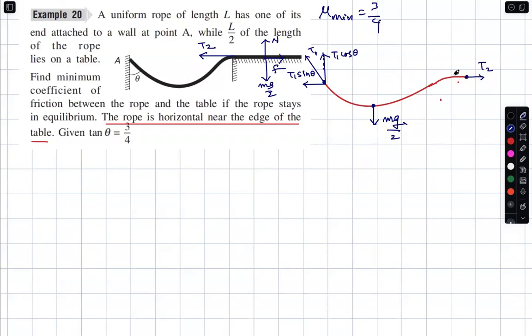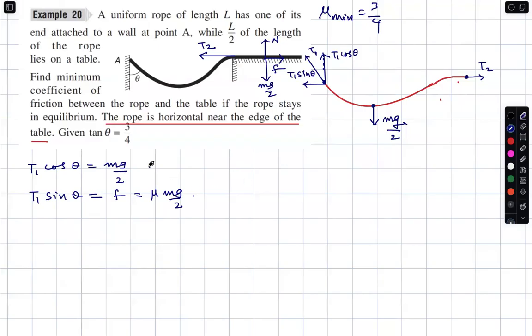Okay, now for this particular portion, T1 cos theta is mg/2. T1 sin theta is friction, which is equal to mu mg/2, because T1 sin theta is T2, and T2 is nothing but friction.